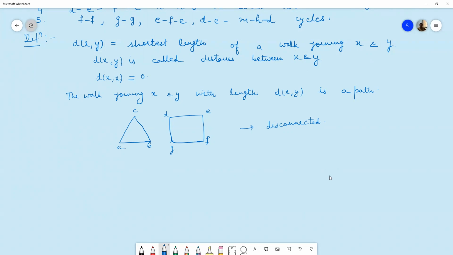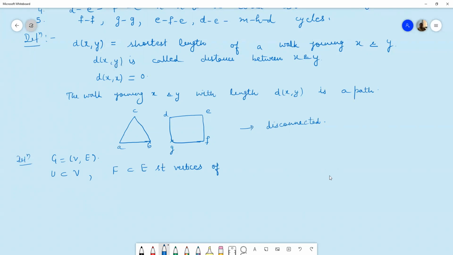Now we define subgraph. So let us take G is (V, E) and this is a general graph. Now we take U to be a subset of V and F is a subset of E such that vertices of each edge in F belong to U. Now because F is a subset of E, F is also a collection of edges.